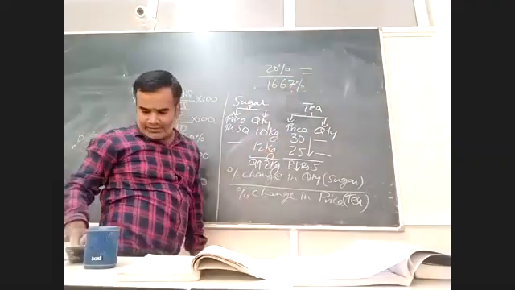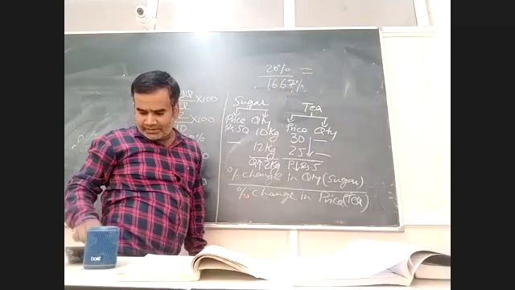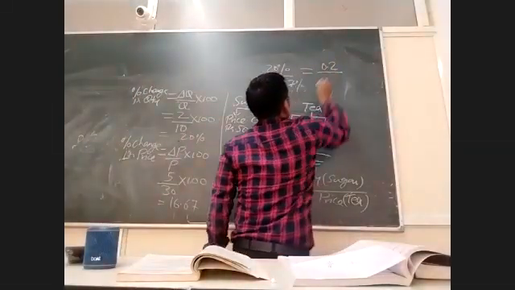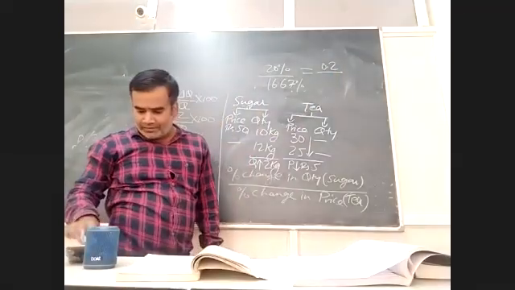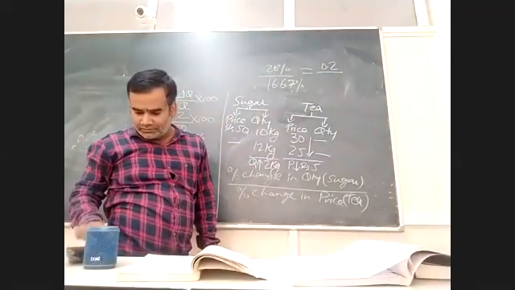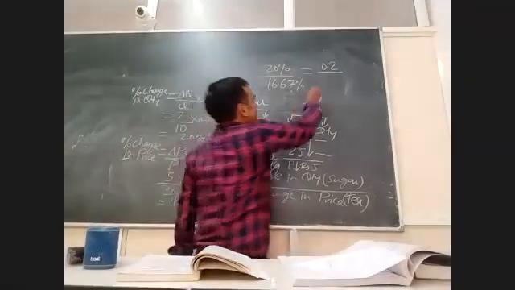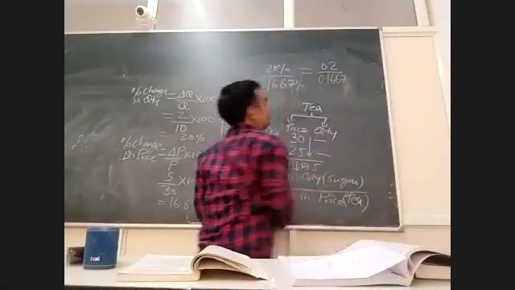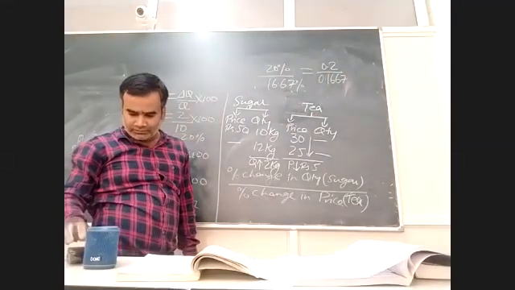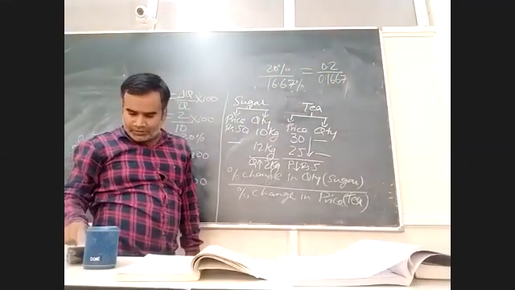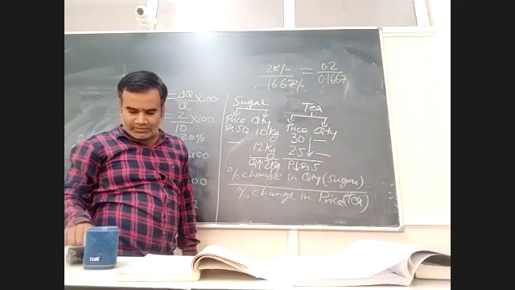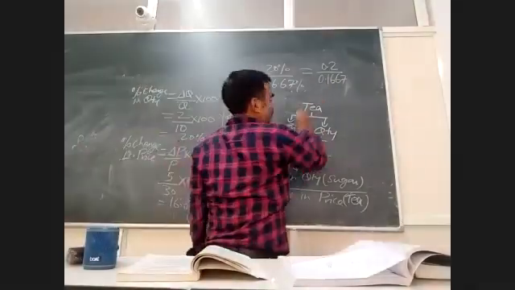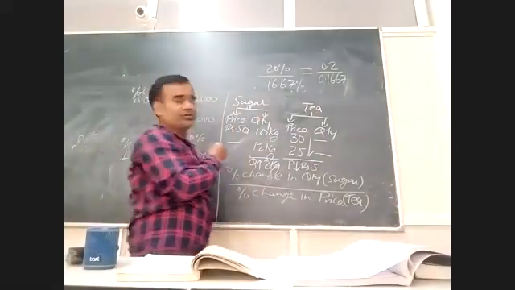So 20 by 100 will be 0.2, and 16.67 by 100 will be 0.1667. So 0.2 divided by 0.1667, then we get 1.19, or we can make it 1.20.